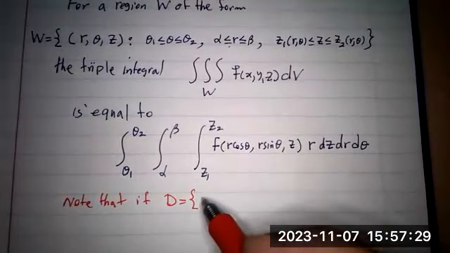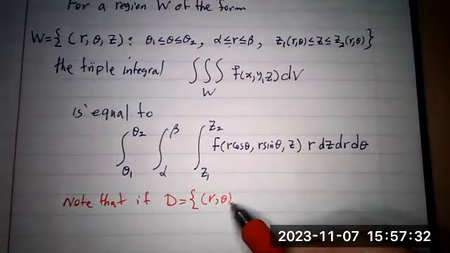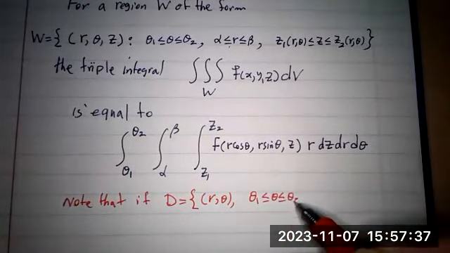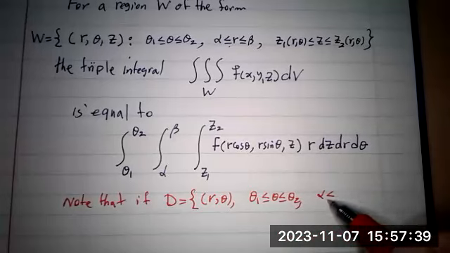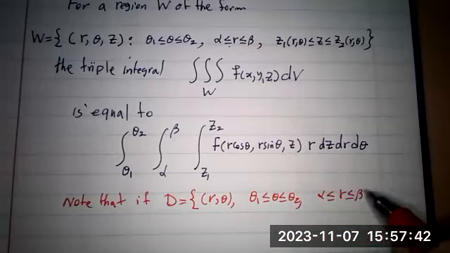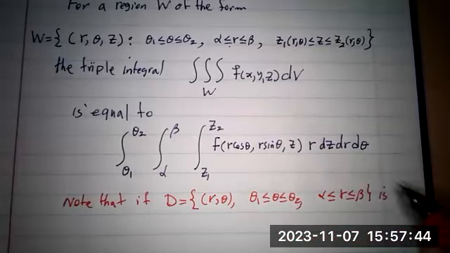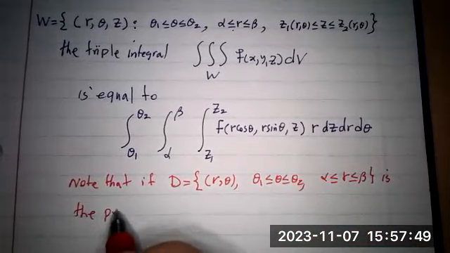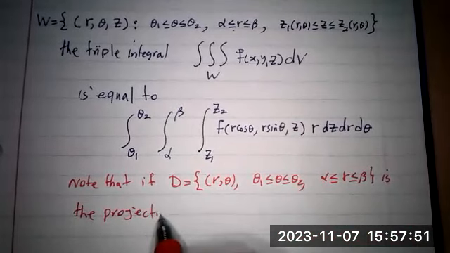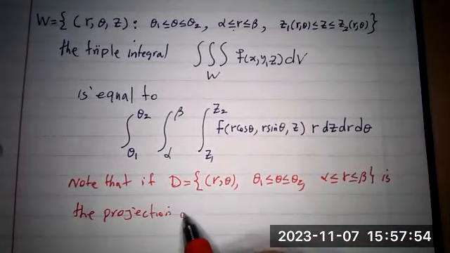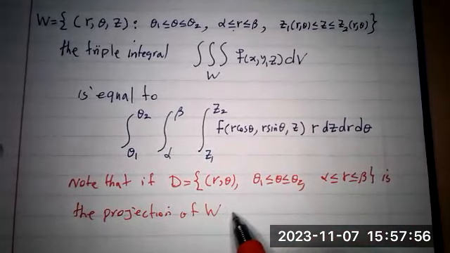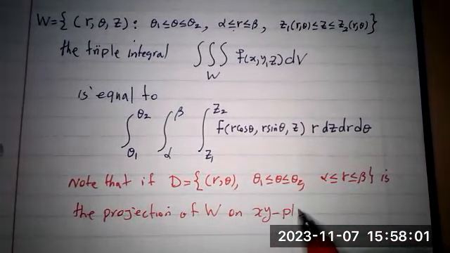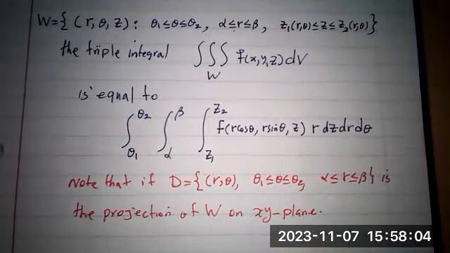It's a collection of points of the form r, theta, where theta is between theta 1 and theta 2, and r is between alpha and beta. This is the projection, the shadow, of your region W onto the xy plane.